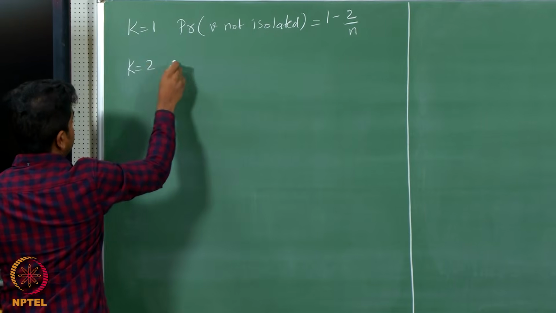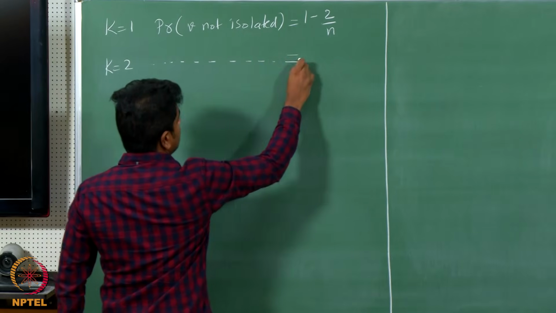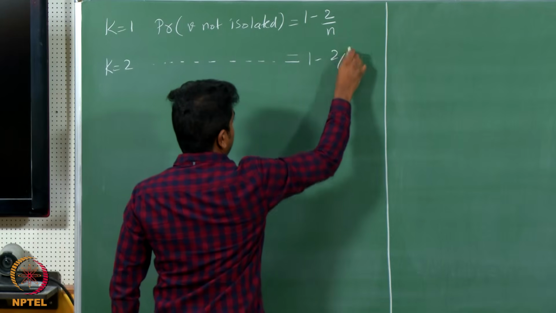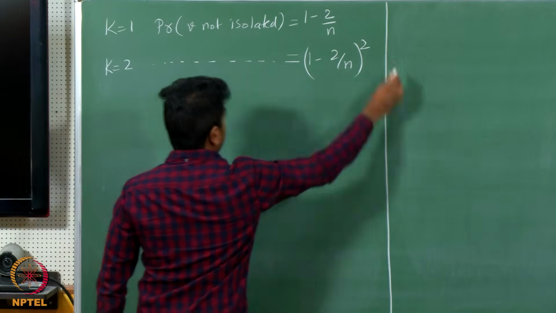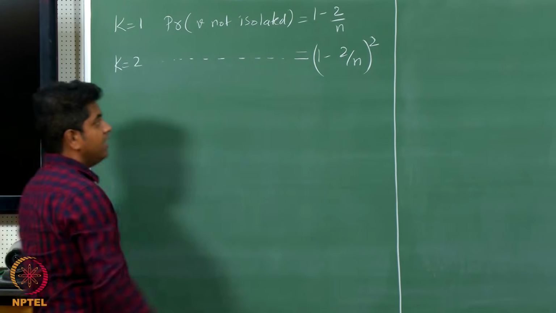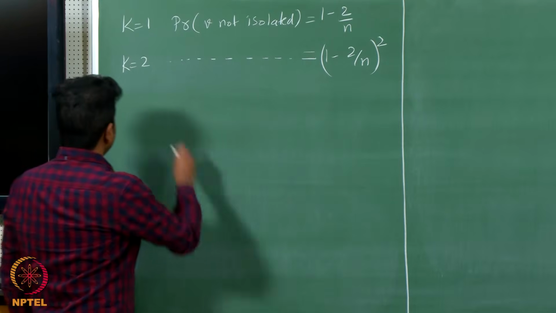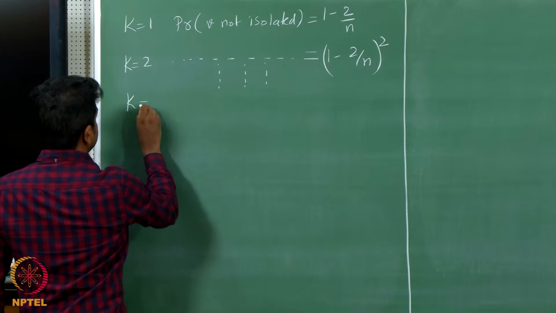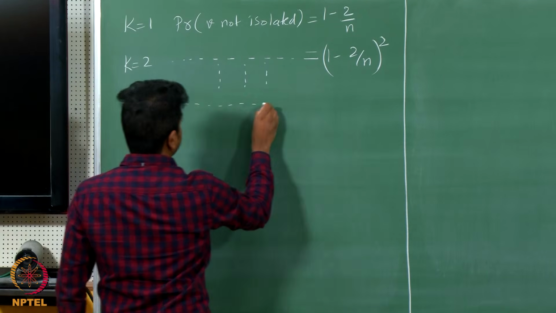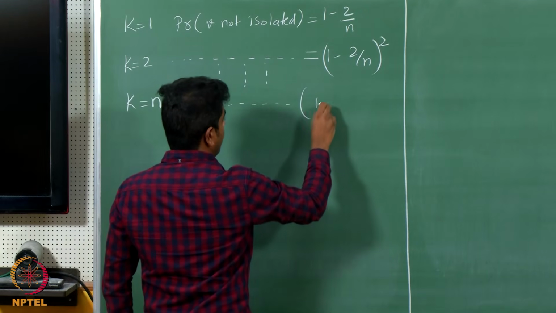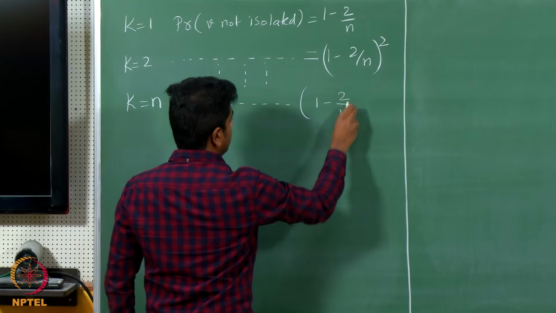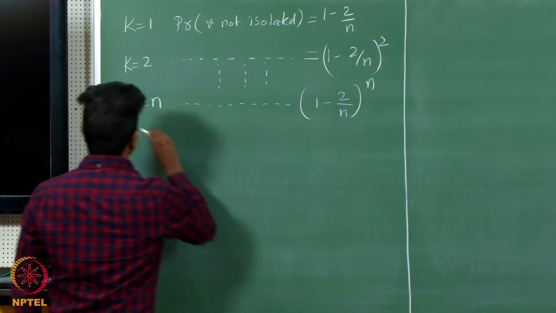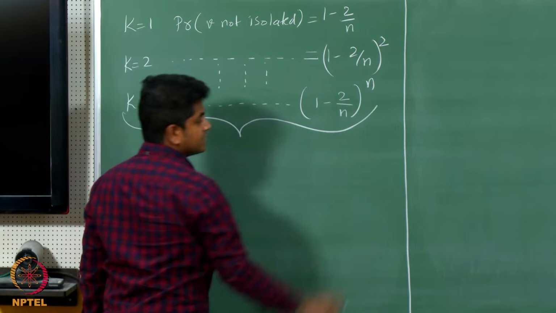If k equals 2, this will be (1 - 2/n) squared. If k is 3, it will be cubed. If let us say k is equal to n, then this is going to be (1 - 2/n)^n.